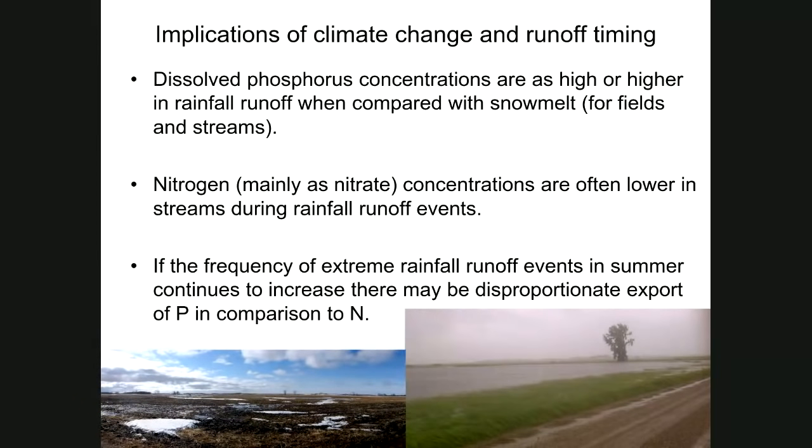Overall, it seems likely that if the frequency of extreme events changes, or we see more similar magnitude events with rainfall in the summer, we may also see a shift in nitrogen and phosphorus ratios, or disproportionate export happening.